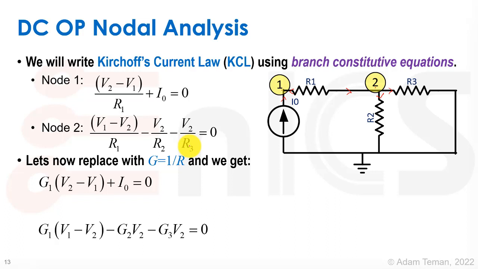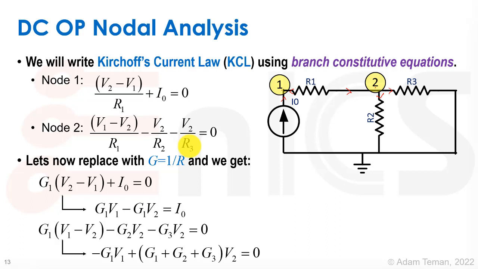That's really nice because now we can separate the different voltages and rewrite that into G1 V1 minus G1 V2 equals I0, and minus G1 V1 plus G1 plus G2 plus G3 times V2 equals 0.